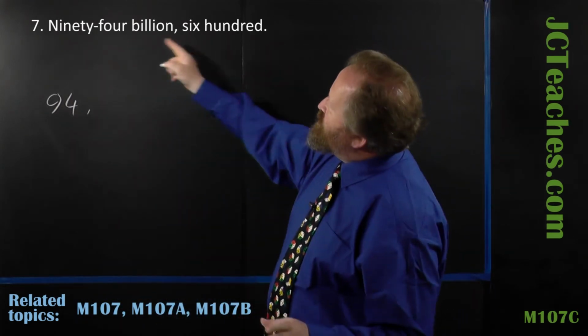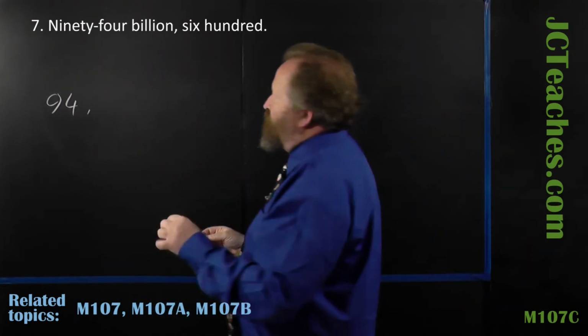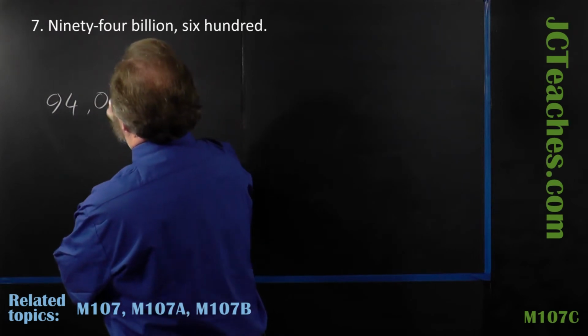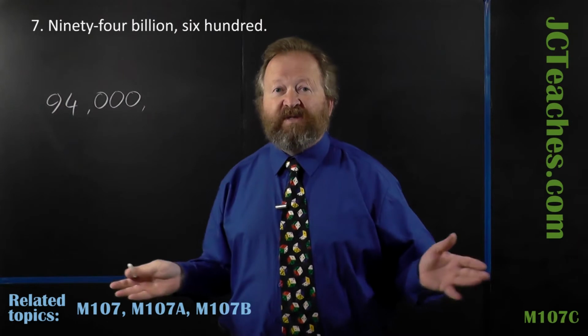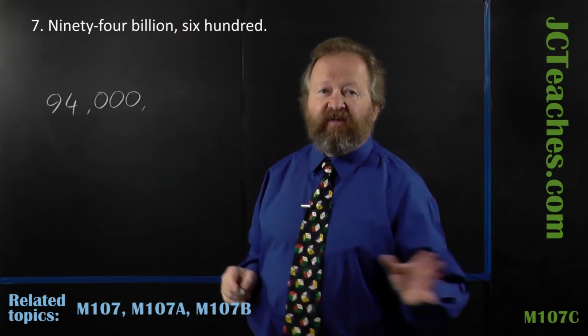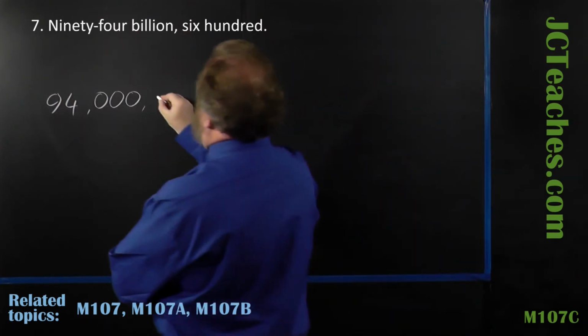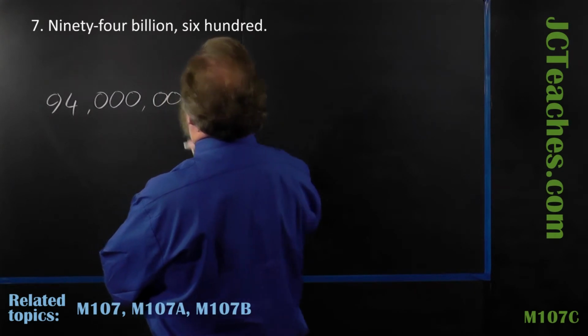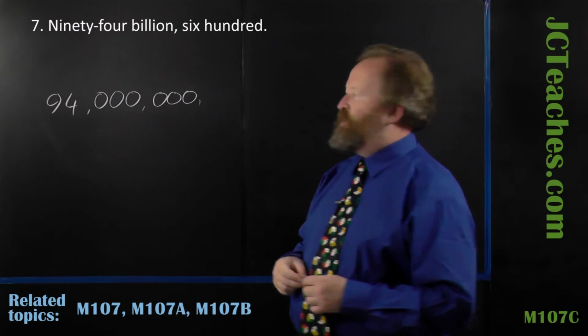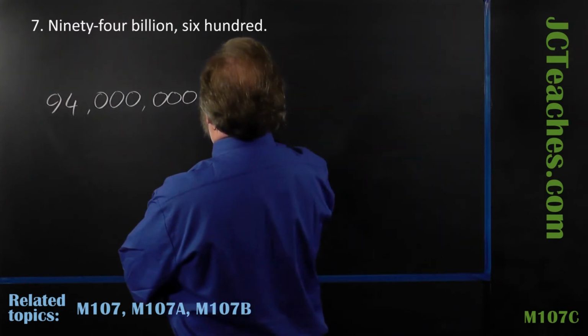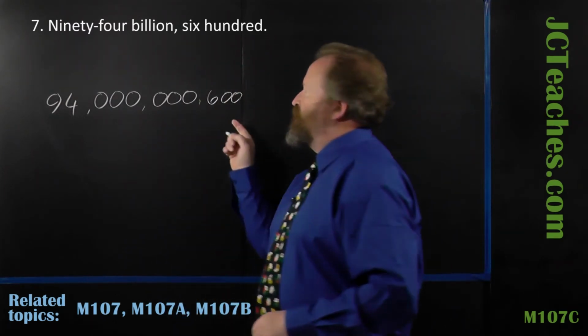Millions? Do you see millions? No. You've got to have the place holding zeros for the millions. Then we see if we've got thousands. No, we haven't got any thousands, so we've got to put the zeros for the thousands. What we have got is 600. So our hundreds, tens and units, we've got 600 at the end.